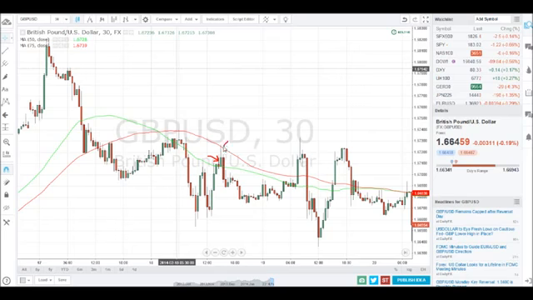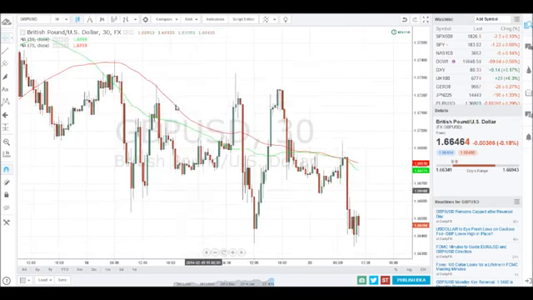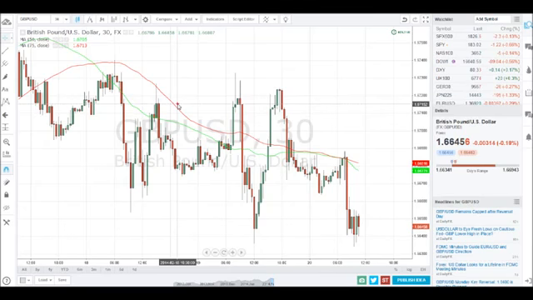There's also another signal here, a bearish pin bar, and another one here, a bearish engulfing. Price is bearish after both of these signals. Our next signal is here. We have a bearish pin bar and price falls for the next 30 minutes.